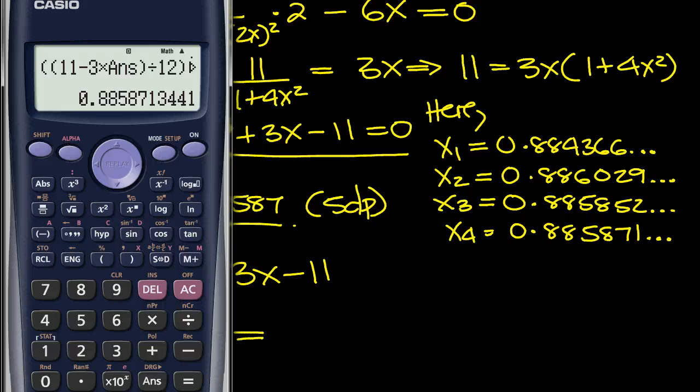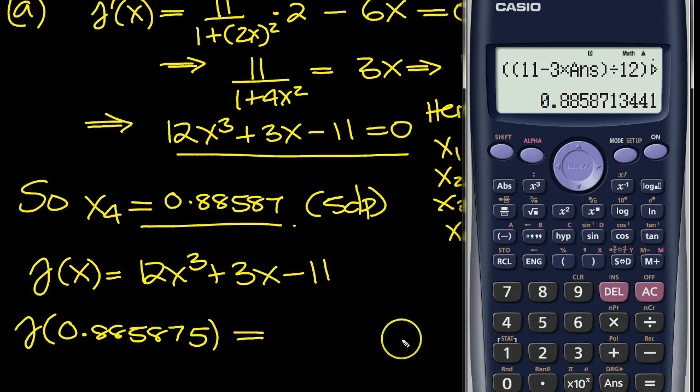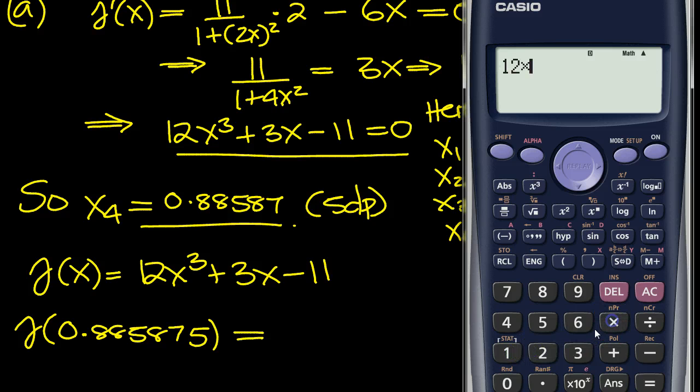So we've got 12 times x cubed, 0.885875 bracket cubed, plus 3 times bracket 0.885875 bracket, minus 11, equals.